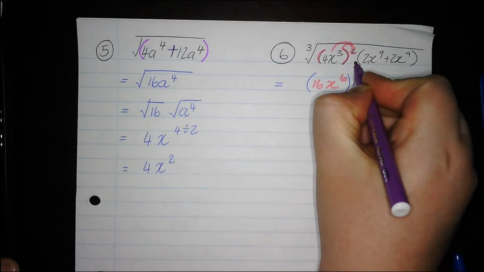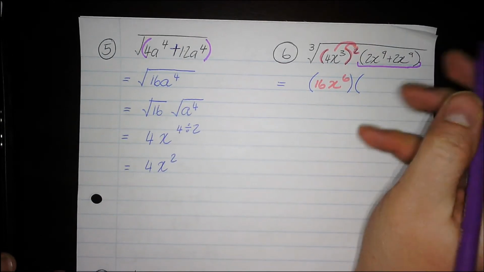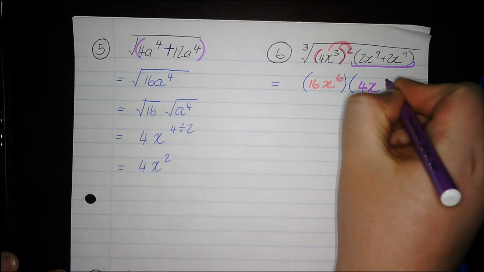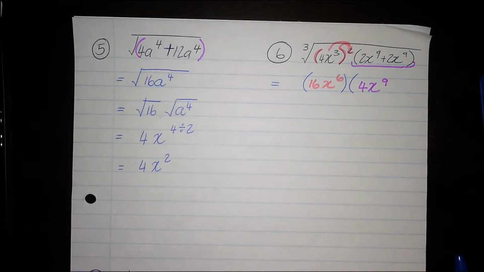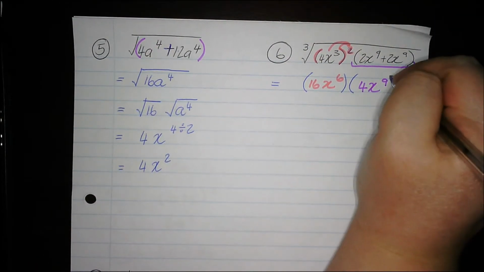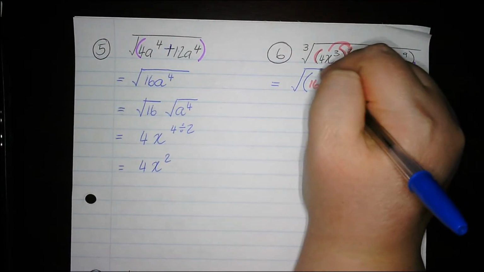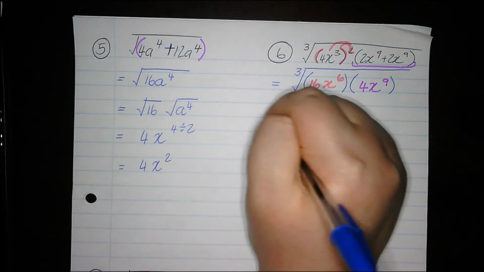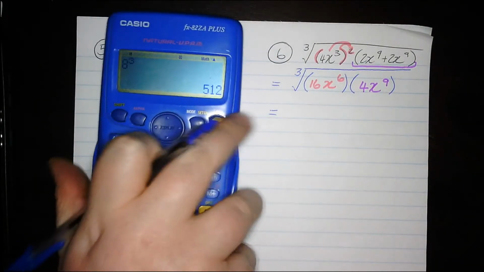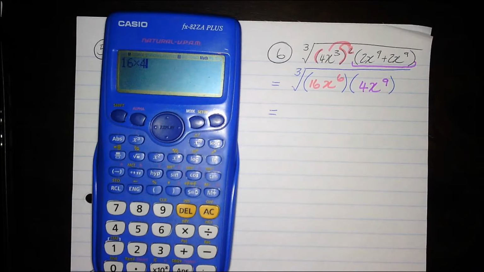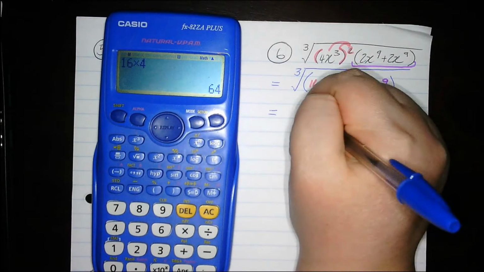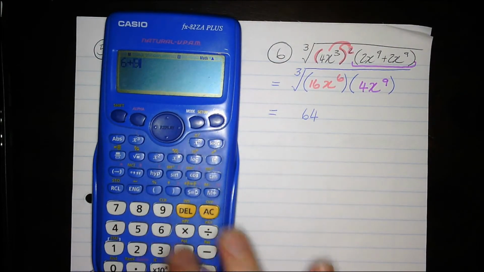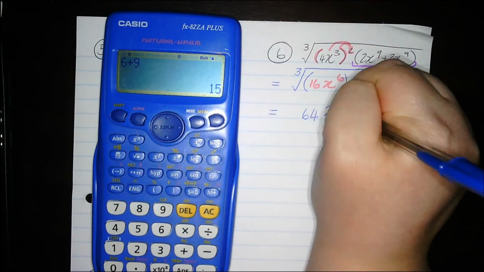And then 2x to the power 9 plus 2x to the power 9 is 4x to the power 9. I'm going to close that bracket. And all of this is still under the cube root. Now we have 16 times 4, which should give you 64. And add these exponents. 6 plus 9 should give you 15.